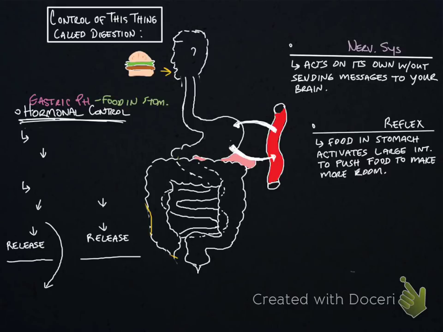Okay, we get this release of gastrin from the stomach, and gastrin acts to secrete hydrochloric acid and pepsinogen. This in turn will increase stomach motility, making the stomach move and churn more because there's obviously food there.